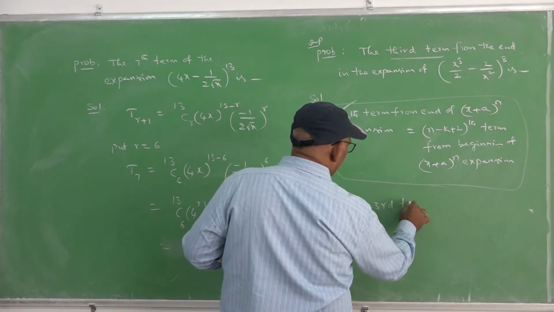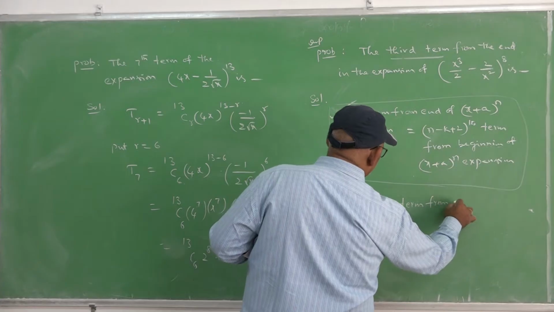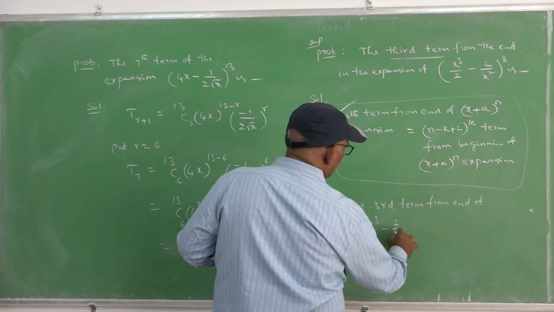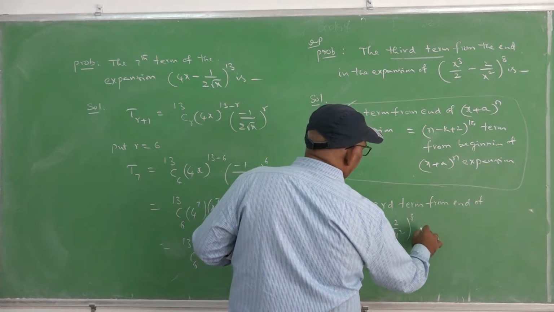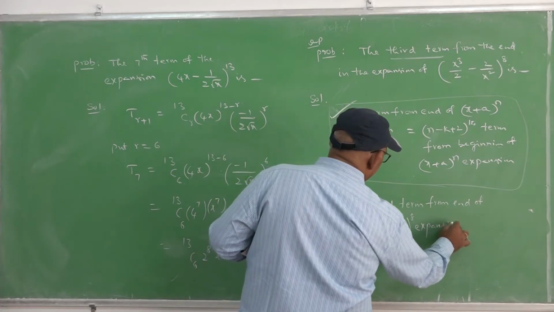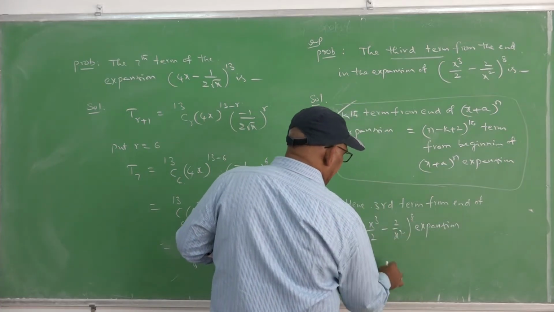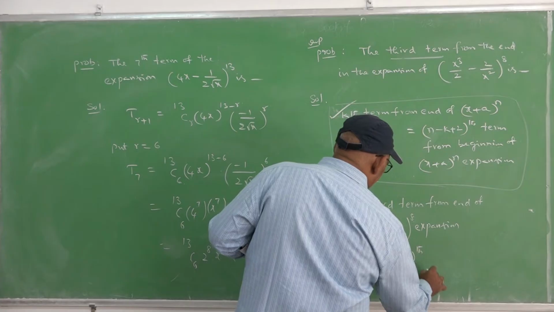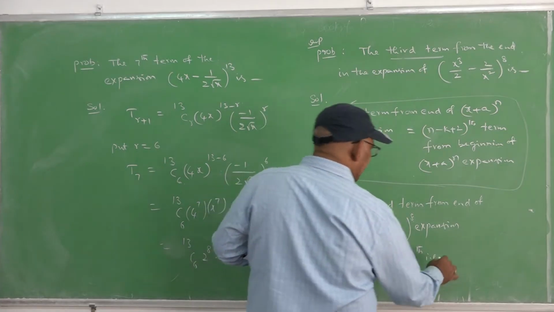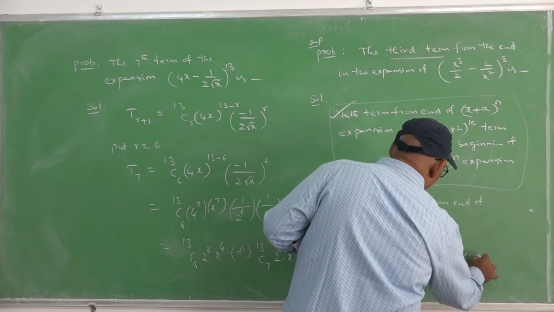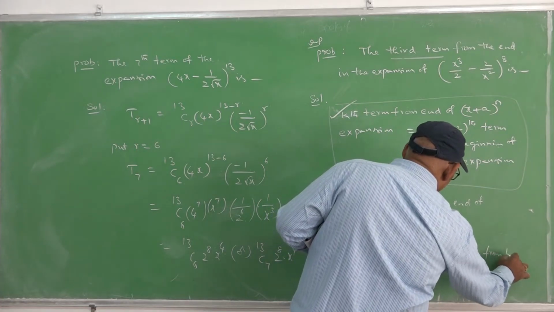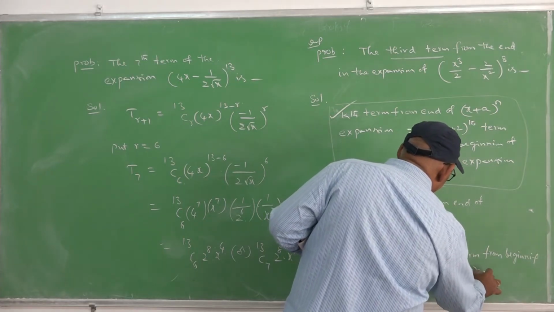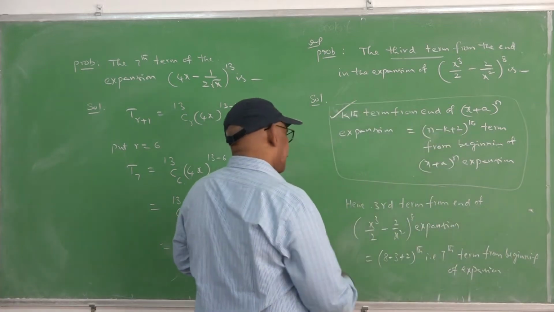So, here the third term from the end of the expansion of (x cube by 2 minus 2 by x square) whole power 8 is the same as the (8 minus 3 plus 2)th term, that is 5 plus 2, the seventh term from the beginning of the same expansion.